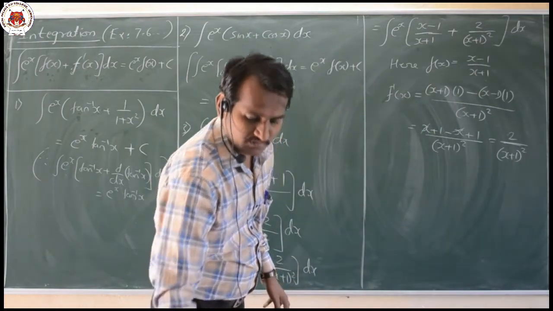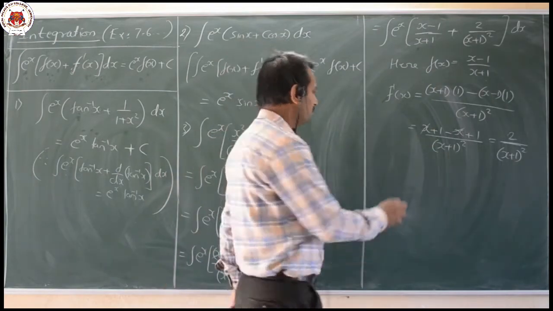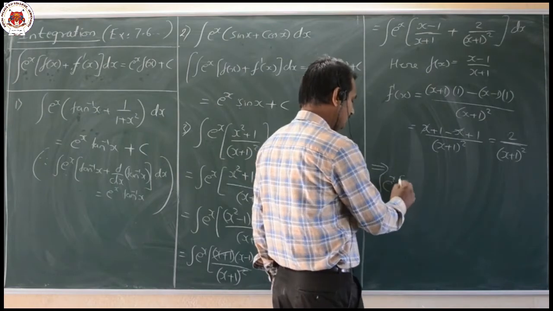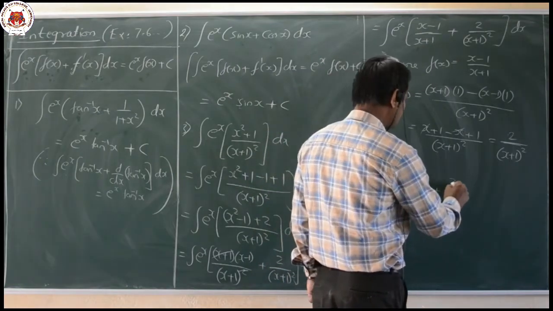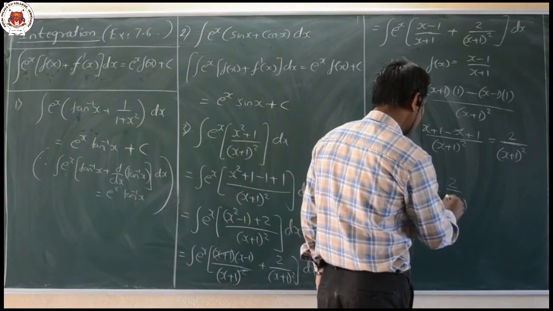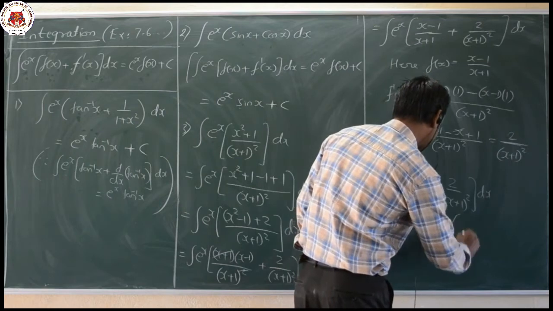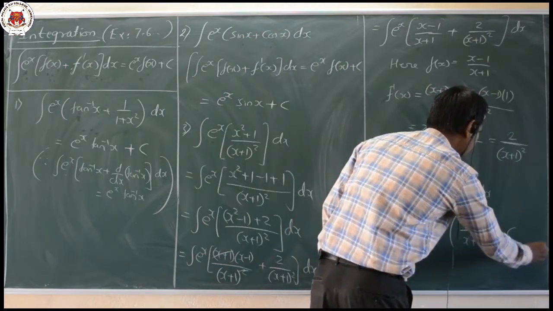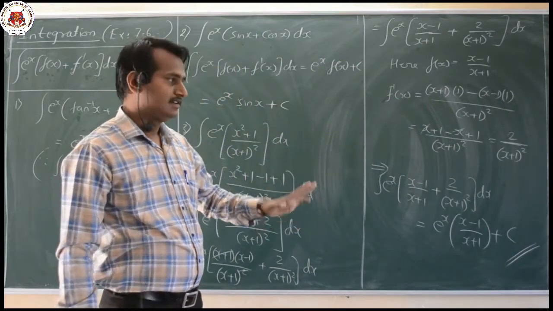That implies the integrand is the integration of e raised to x into (x minus 1 divided by x plus 1 plus 2 divided by x plus 1 whole square) dx. The value will be e raised to x into x minus 1 divided by x plus 1, plus an integral constant c. That will be your required result here.